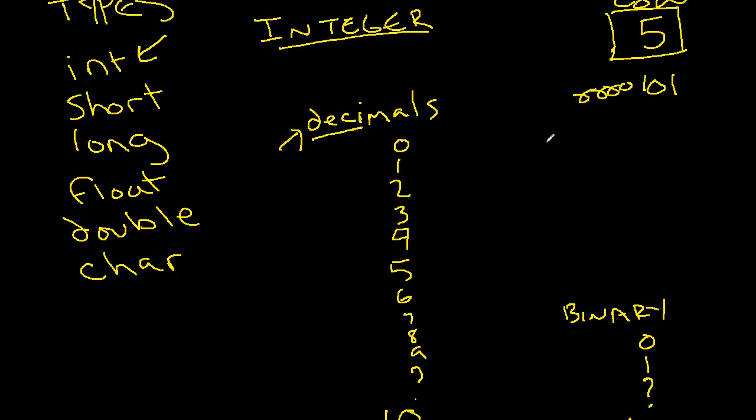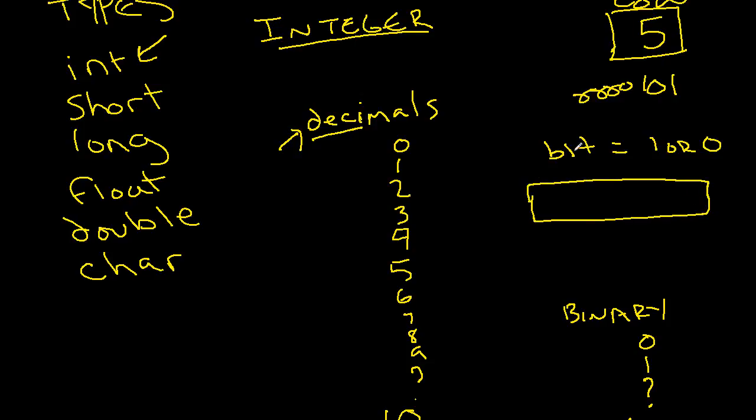Each bit can hold either a 1 or a 0, right? So each bit is like a column. So for the integer on most modern computers, the box contains 32 bits, which could also be thought of as 32 columns.